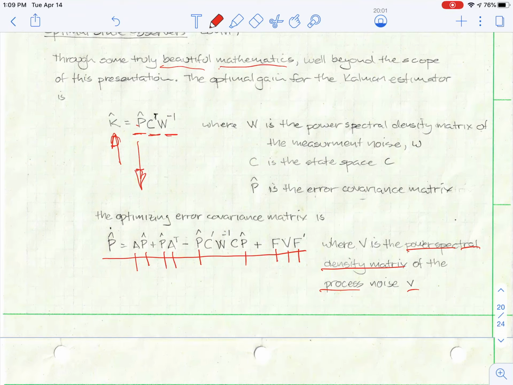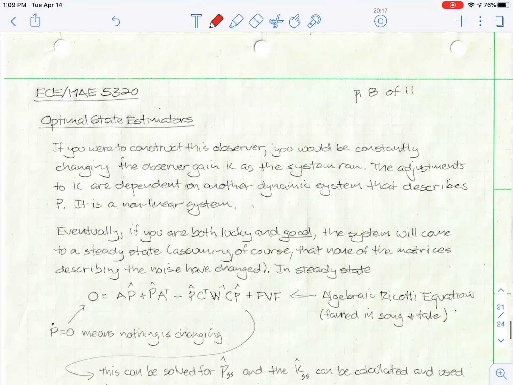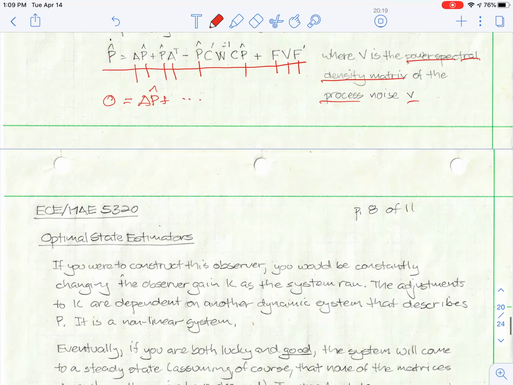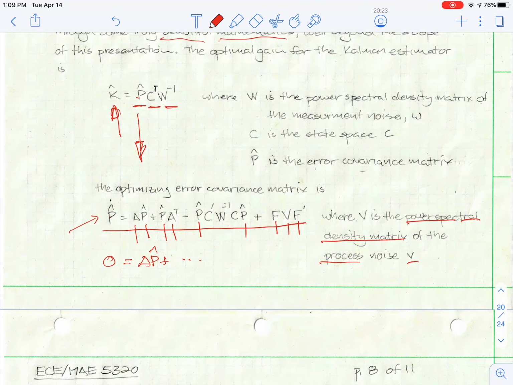One of them is you can assume that it's at steady state. If I assume it's at steady state, that means that P hat dot is equal to 0, and then I just have this equation to solve. And so I can solve that one. Now, what you'll notice is that this optimal gain, as long as P hat dot is not 0, is changing.